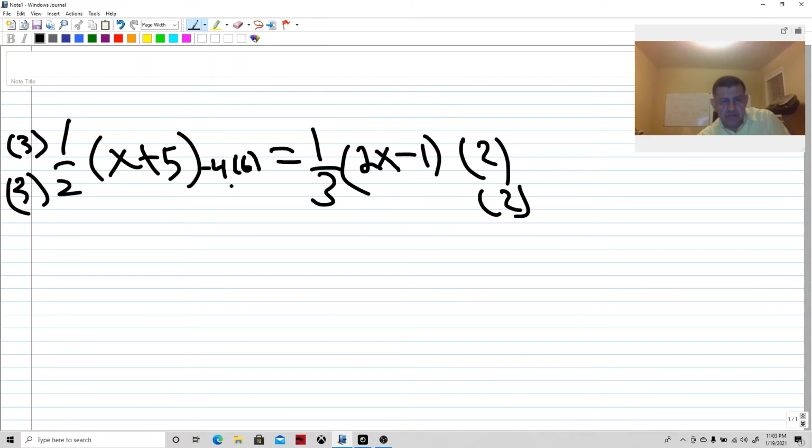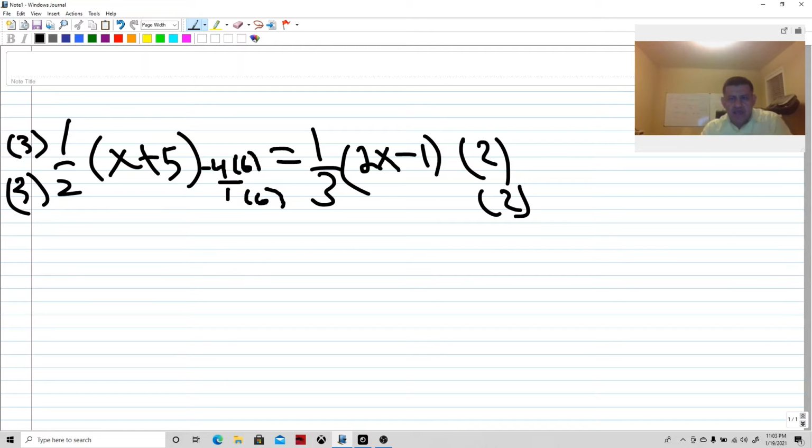Just like that, that is over 1, so we'll also multiply that by 6, making sure that we cover everything. Okay, so now we have something where we can just find the common denominator.